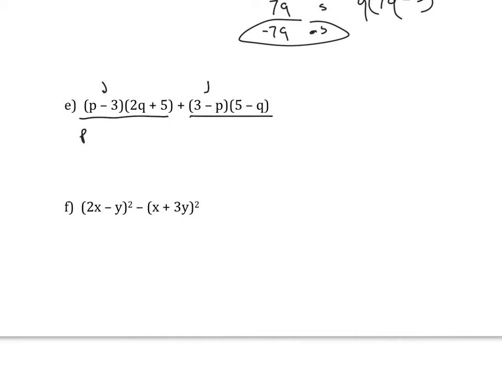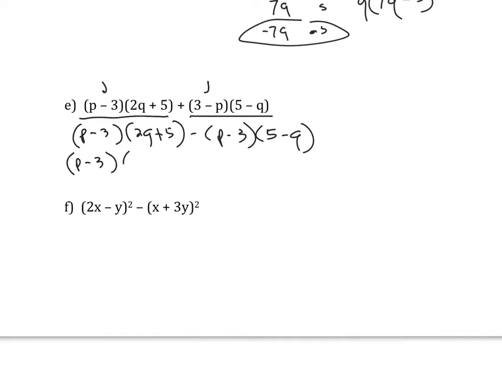So we can rewrite this as p minus 3 times 2q plus 5 minus p minus 3 times 5 minus q. Now we do have a common term, p minus 3, and that is what we will factor out, leaving us with 2q plus 5, and then minus our 5 minus q here.